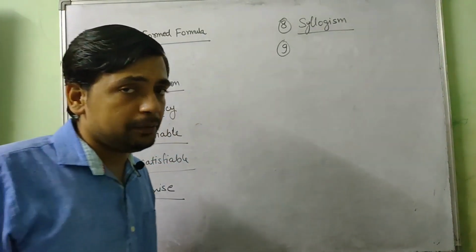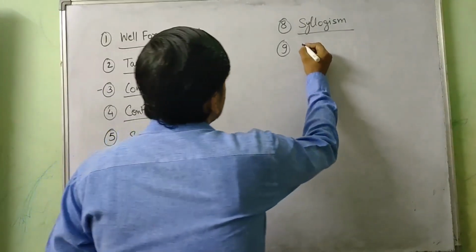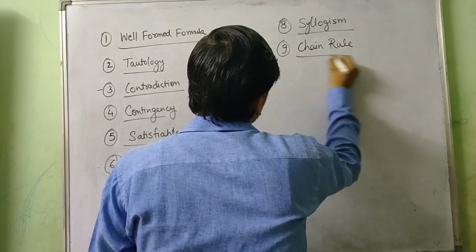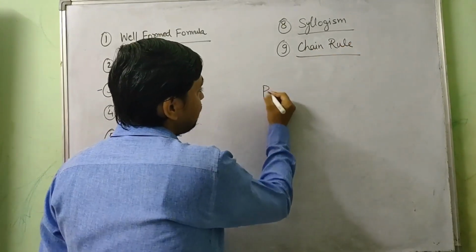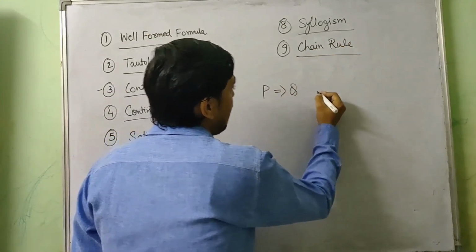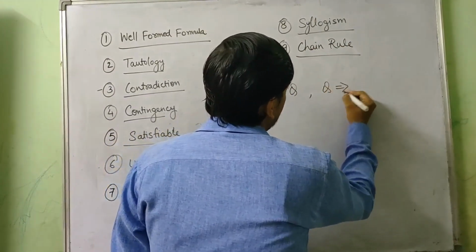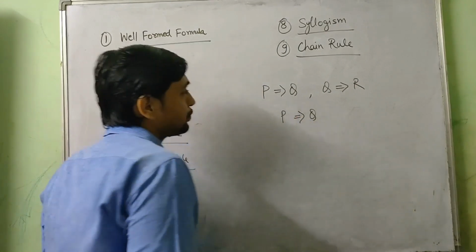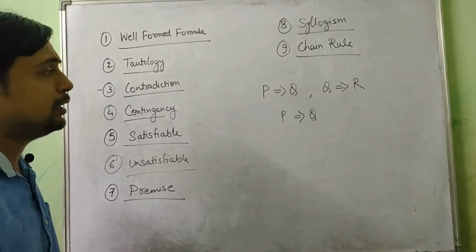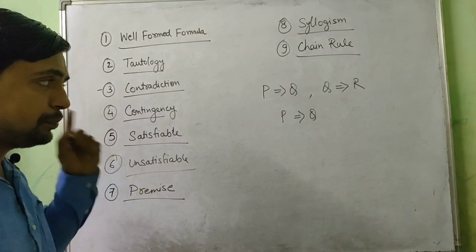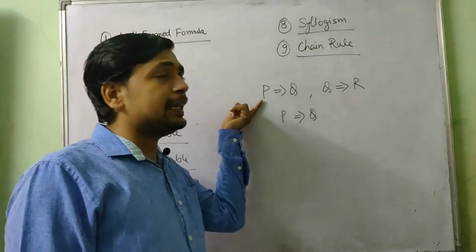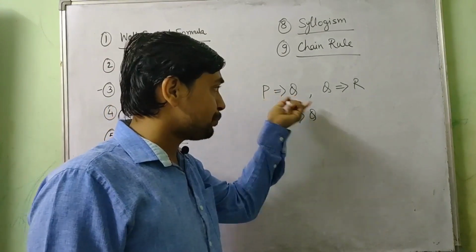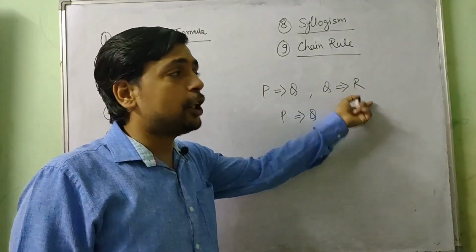Now chain rule. The next one is chain rule. It says that if P implies Q and Q implies R, then P implies R. Now suppose P is you study, Q is you pass the exam, R is you get a job.